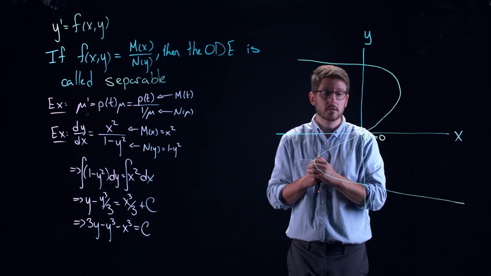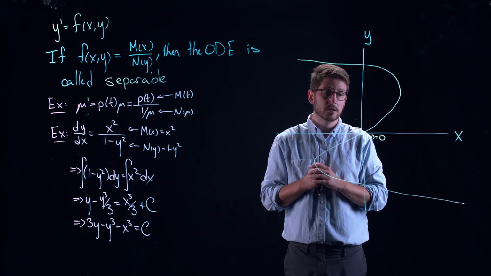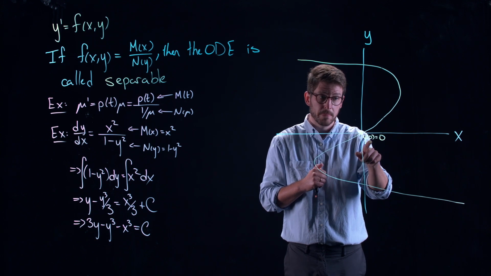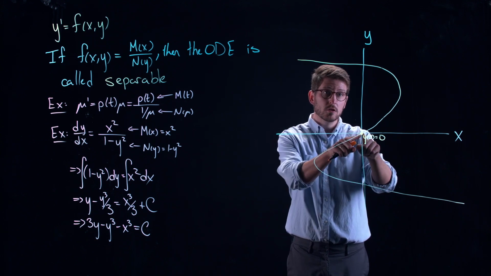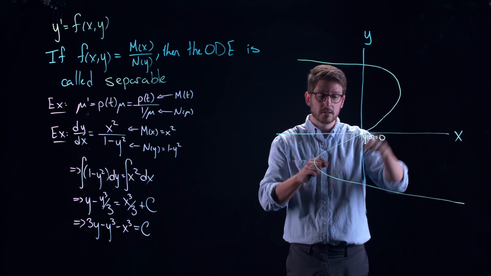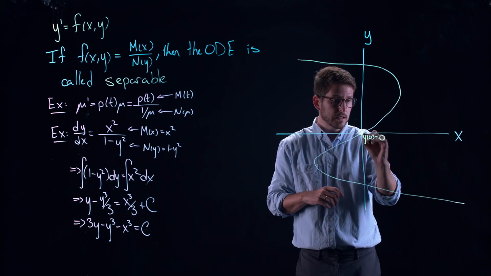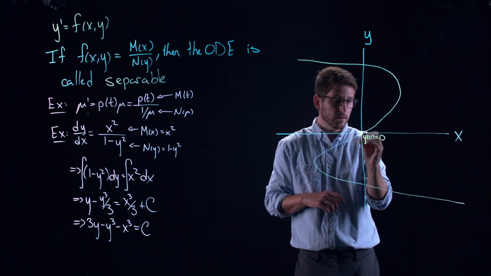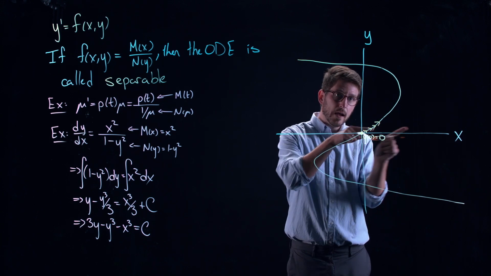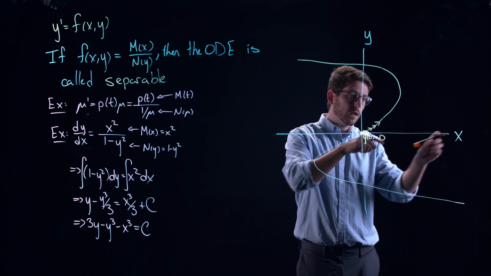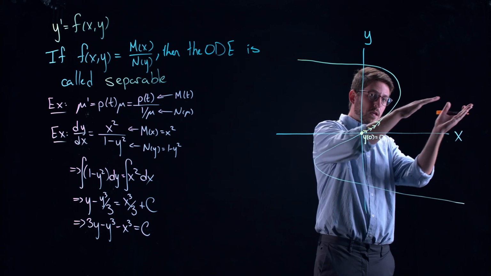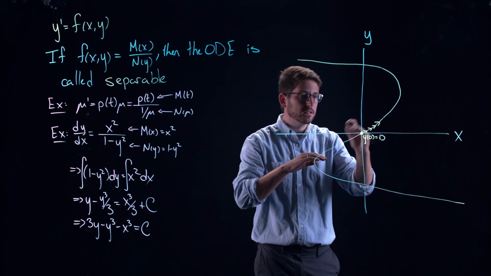So the question is, what value will my solution with y of 0 equal to 0 return for me? Well, it's going to return the parts that are on this connected branch that it's close to.